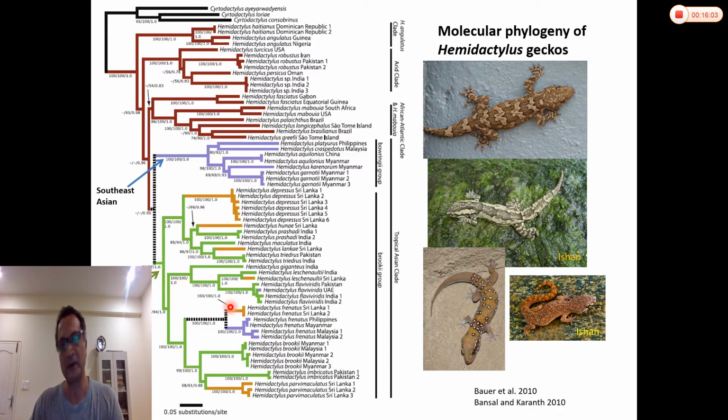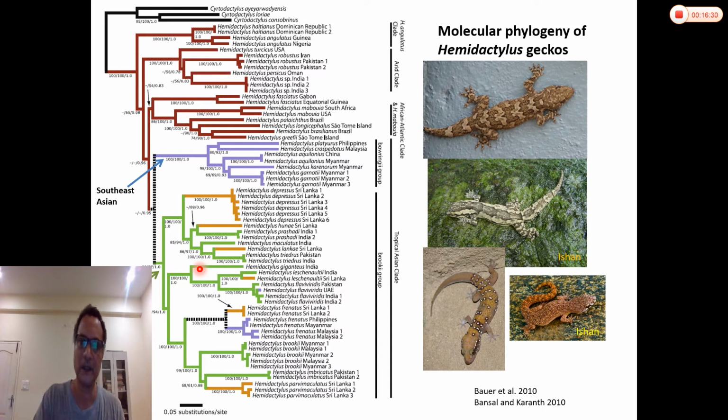Here's an example of another endemic radiation, the Hemidactylus clade that is confined to the Indian subcontinent. It is monophyletic and it is sister to a Southeast Asian clade. And this appears to be another sort of dispersal into India, post India's collision with Asia, followed by radiation.